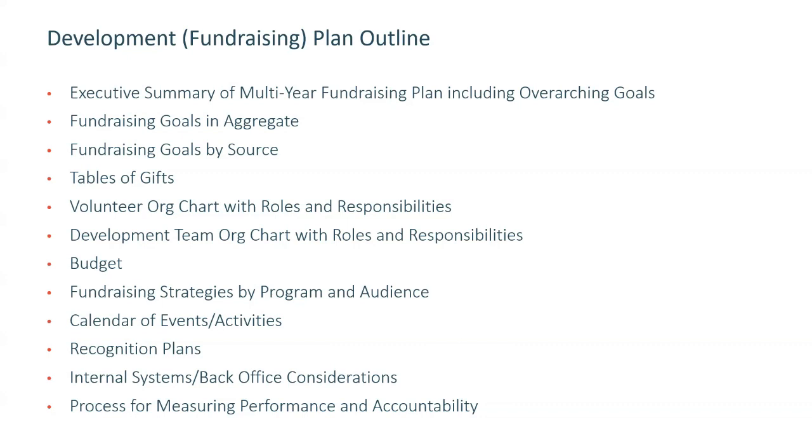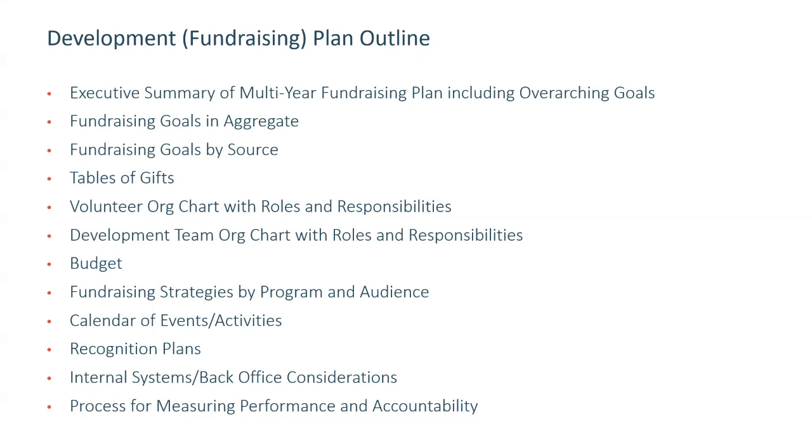Sometimes what I'll do, because I will have prepared a budget, is list the budget amount for each of those years that we're providing goals for, and then also share the efficiency rate, the cost per dollar raised, at least the assumptions when those goals are performed to. And here you might also have that low, medium, high goal that we were talking about earlier as well.